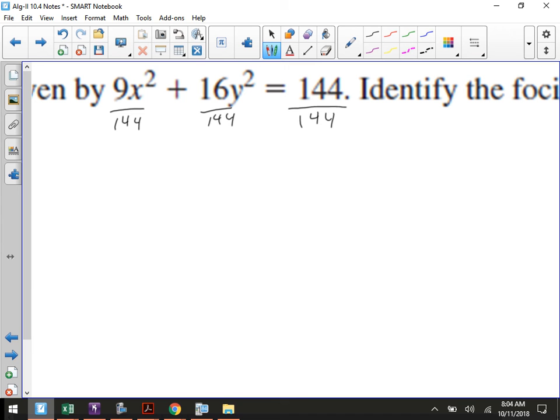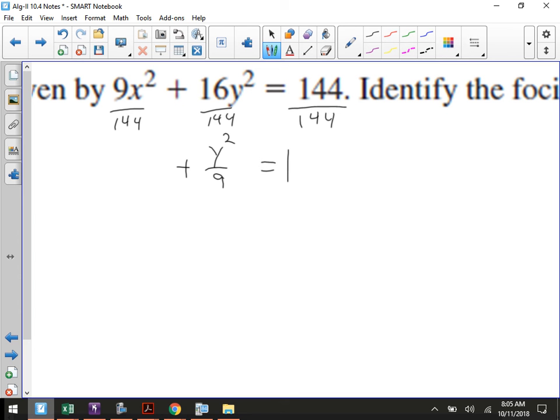When you divide everything by 144, obviously 144 divided by 144 is 1. Now watch what happens here. It equals 1. 16 over 144 is 1/9. And what do you think 9 over 144 is?